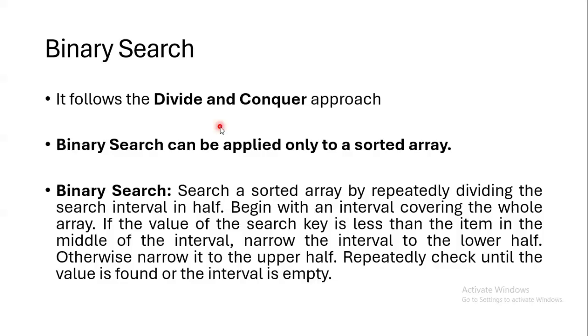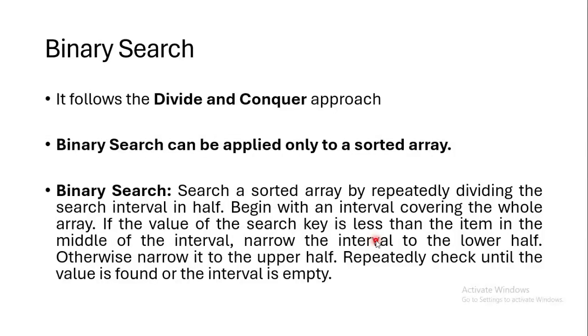Binary search can be applied only to a sorted array. This means that all the elements must be arranged either in ascending order or descending order. Binary search works by repeatedly dividing the search space into two parts. Instead of checking every element one by one, it compares the search key with the middle element of the array.